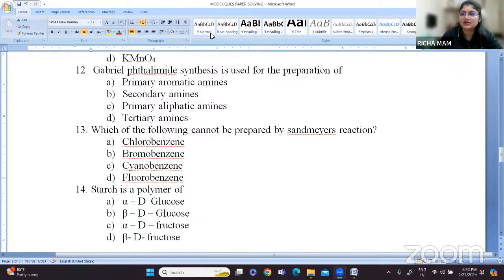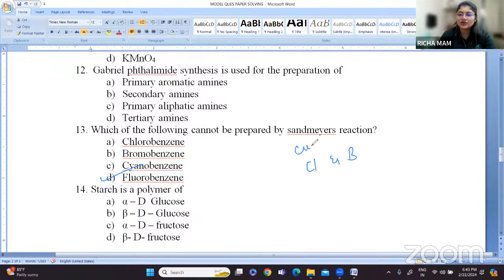Shushti has answered it as A. So the correct answer is fluorobenzene. Most of you have answered it as D. Sandmeyer's reaction is particularly used for the preparation of chlorobenzene and bromobenzene.